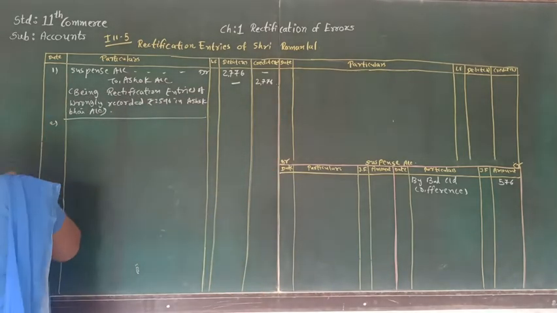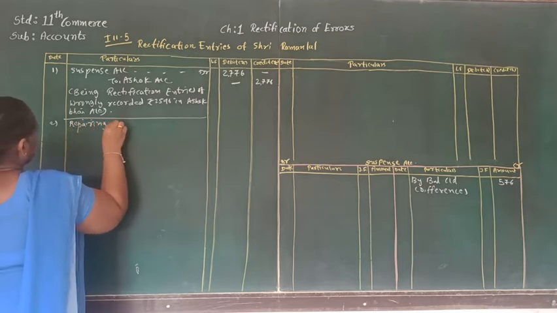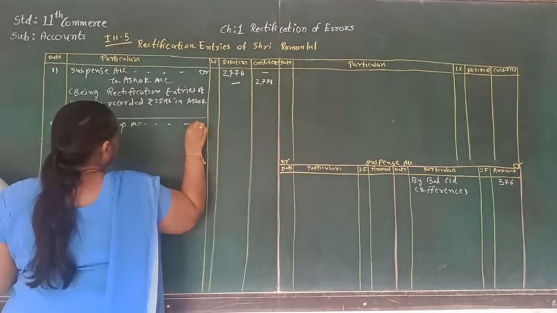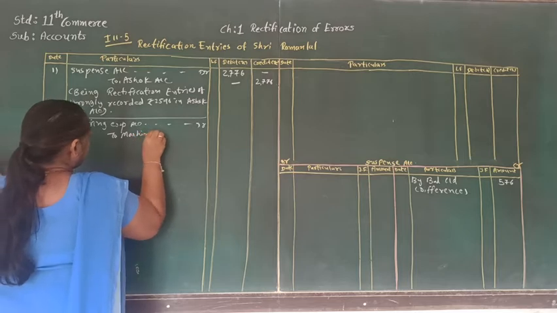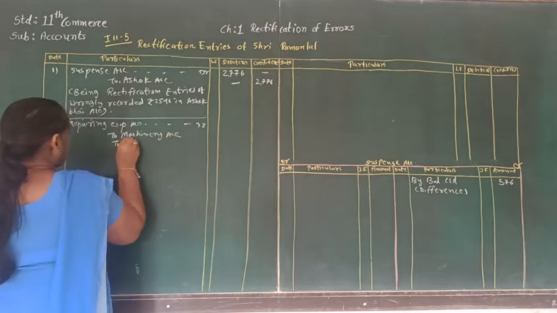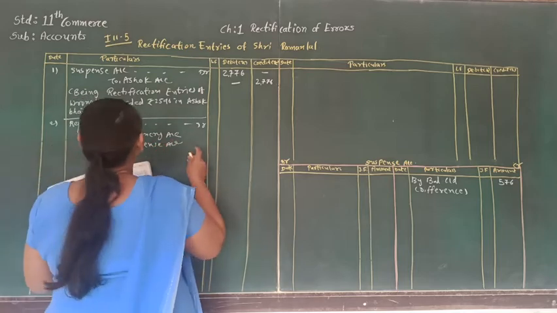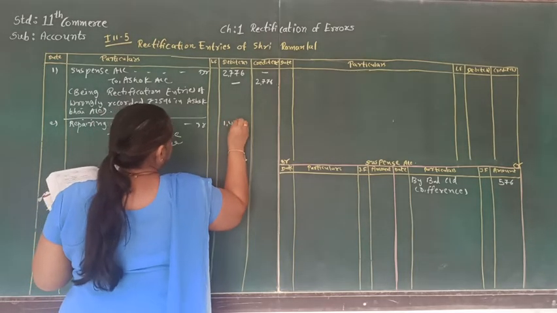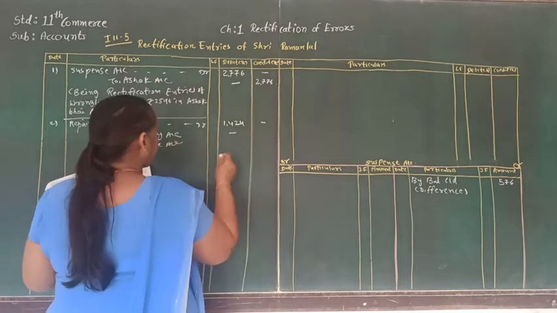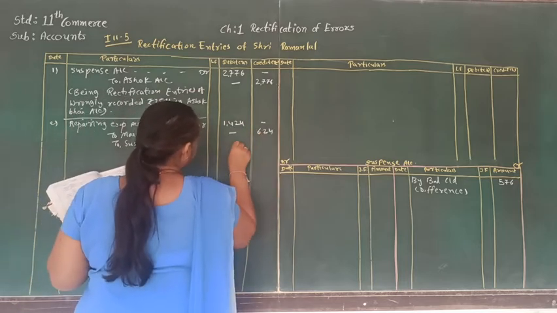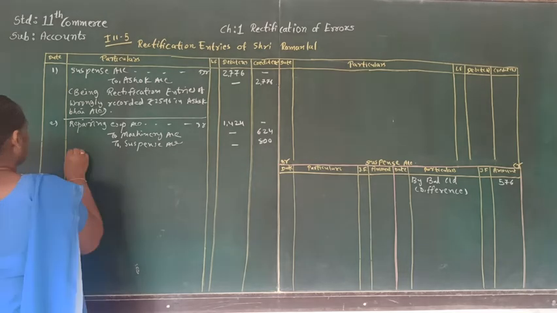So the second will be repairing expense account debit to machinery account, to suspense account. So here as we know, a repairing account is supposed to be debited by 1,424, machinery account credited by 624, and the difference to suspense account.